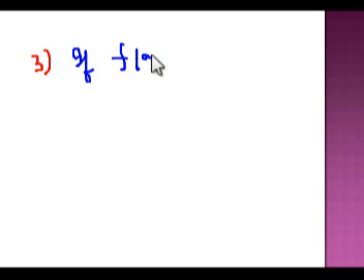Also, the third condition is that the value of f(x) at the point a and the value of f(x) at the point b must be equal.